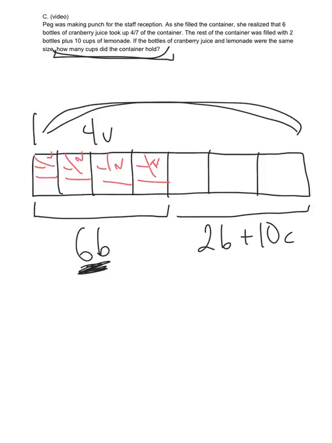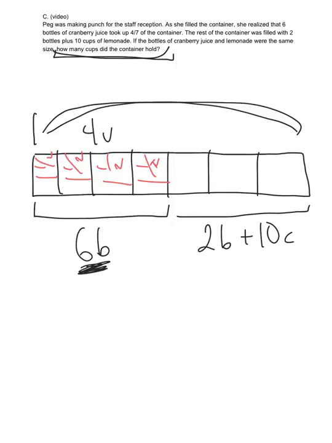Now when I take that information over to this side, I have to now try to figure out how many units are worth 2 bottles. Well, here I've already figured out that 1 unit's worth 1.5. So let's just go ahead and put in the values for each of these and see if we can possibly see a connection here.